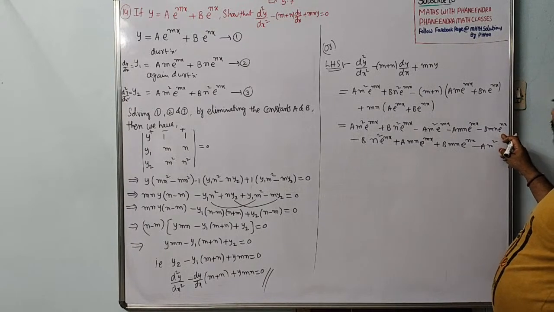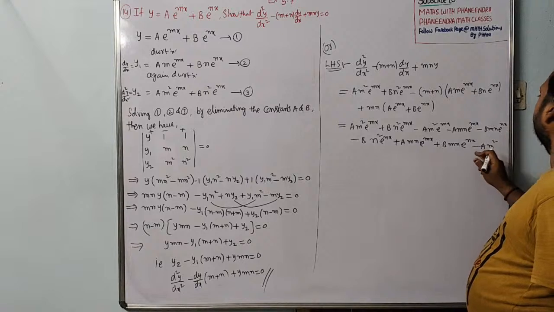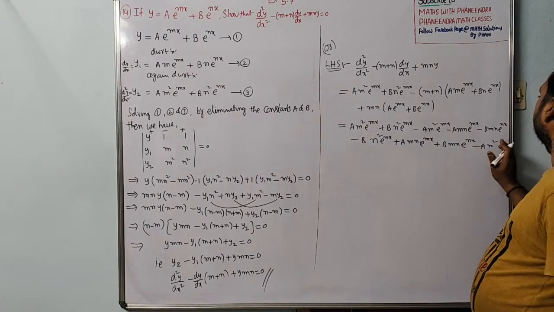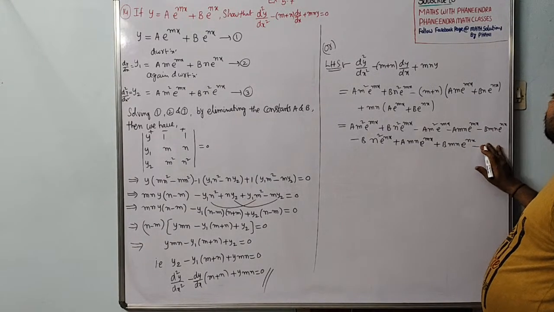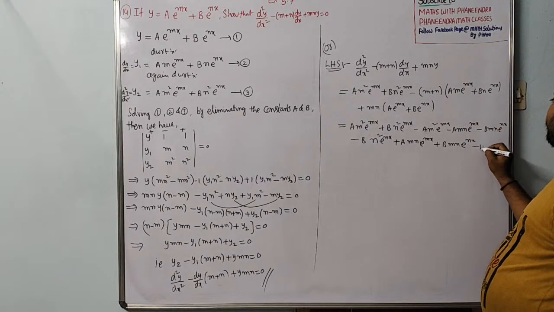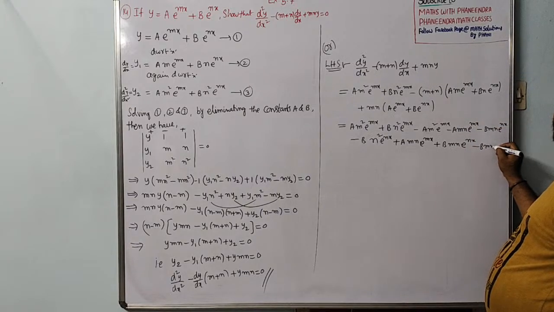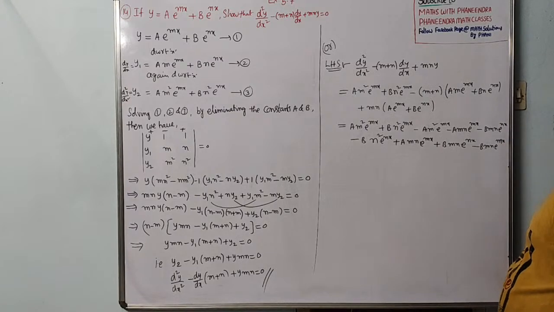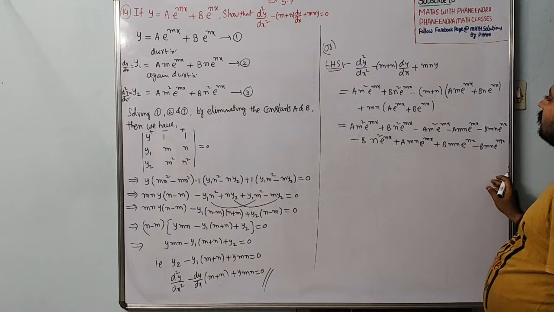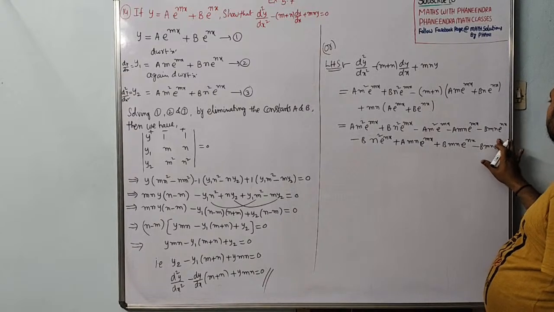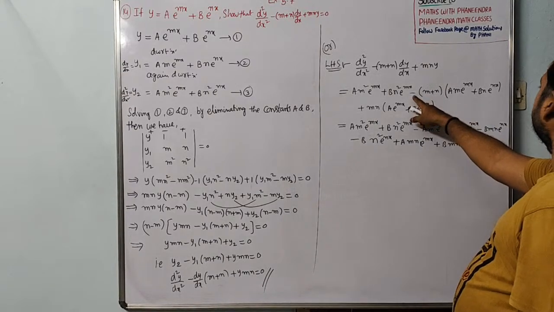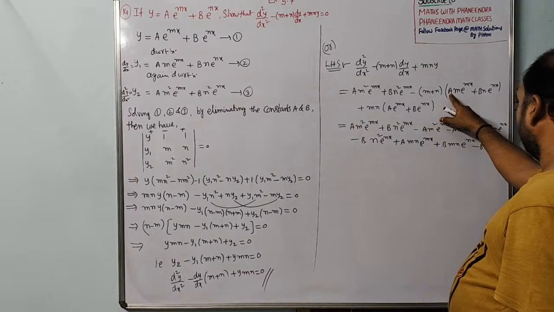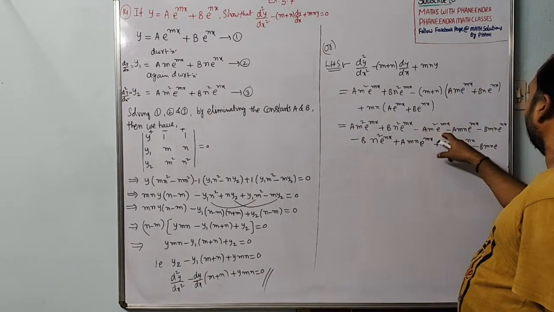Minus bmn e power nx. Minus am square e power mx is over.